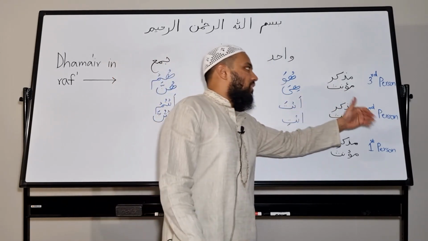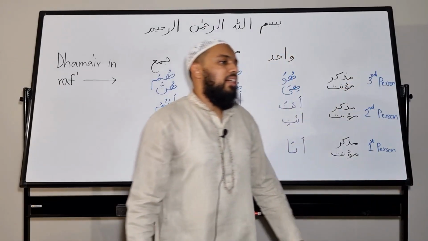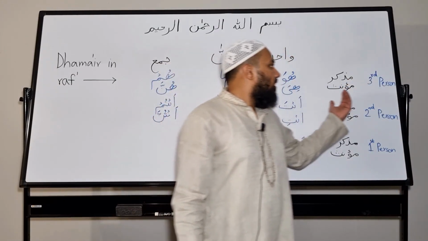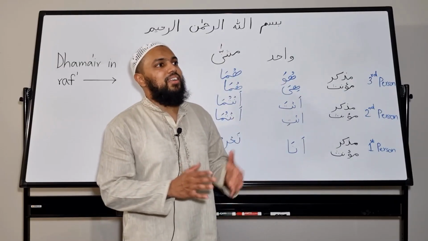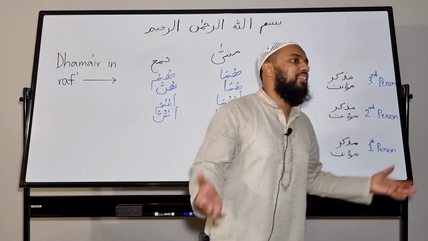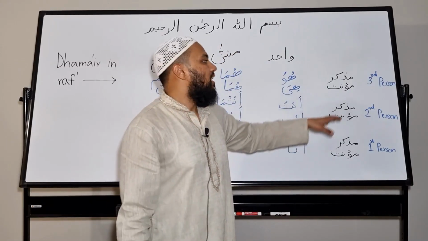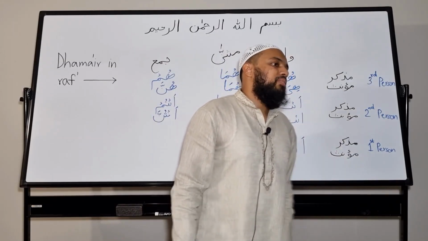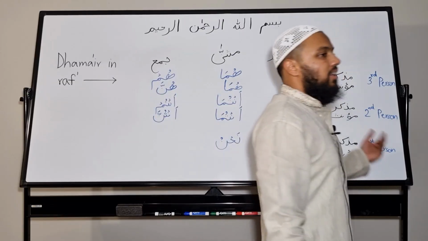So we have names for them. Third person is called ghaib, which usually means absent, but it doesn't necessarily mean that he is not present in the same room. It means he is absent from the conversation, right? Ghaib. Second person is mukhatab or hadir, and first person is mutakallim.